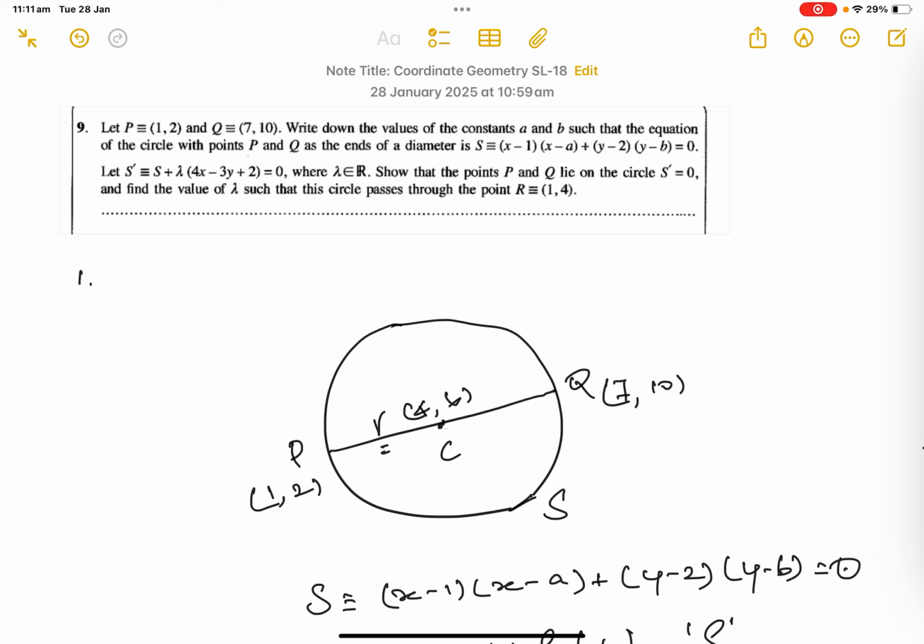So the equation of the circle in terms of a and b is given, and the coordinates of the ends of the diameter of the circle S are given too. We have to find a and b. Let's start the question.